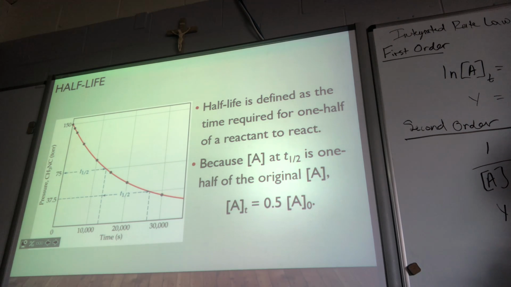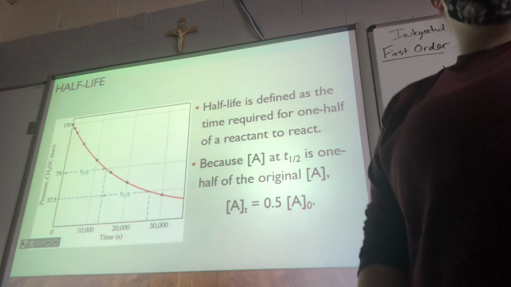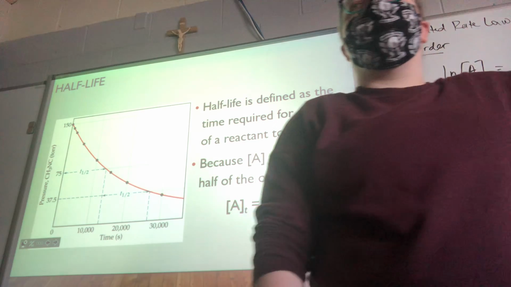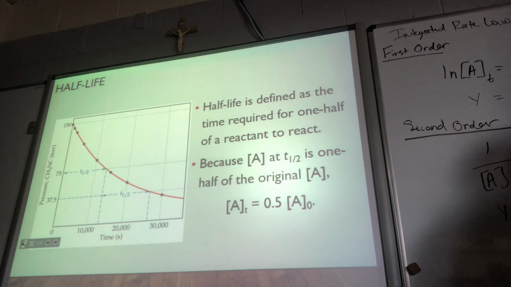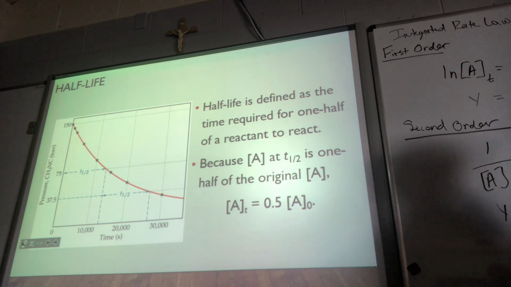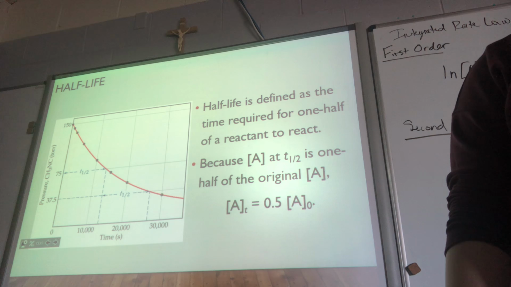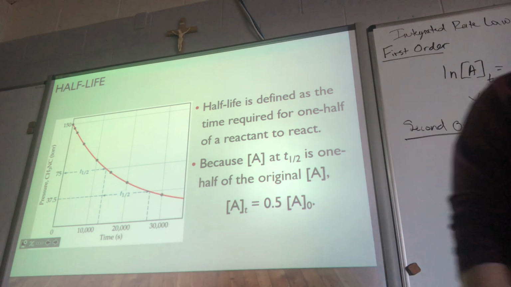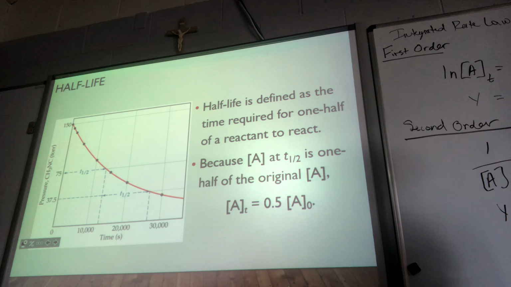Okay. The last thing that's really useful to use these integrated rate laws for is what we call a half-life. Okay, who's heard of a half-life before, hopefully? All right, so the half-life of something is the length of time it takes for half of your original concentration to disappear, to be used up, etc. Okay, so if we start with 1 molar concentration of something, we want to determine how long it takes for it to 50% disappear.